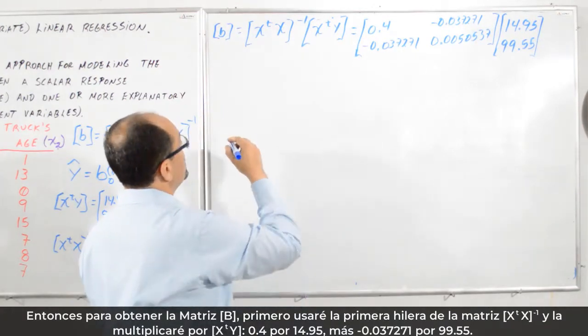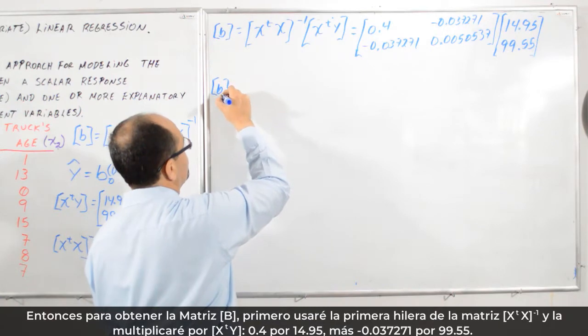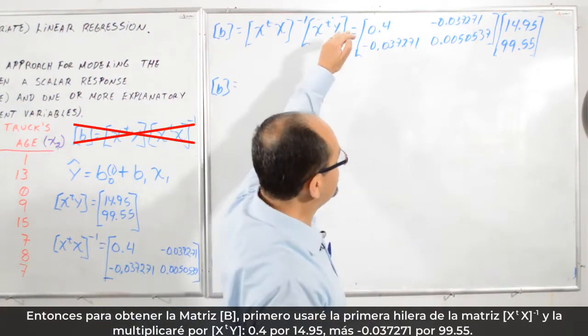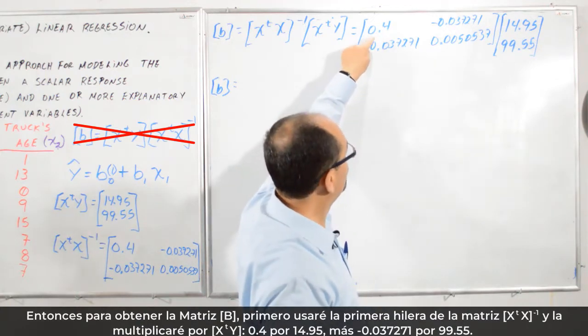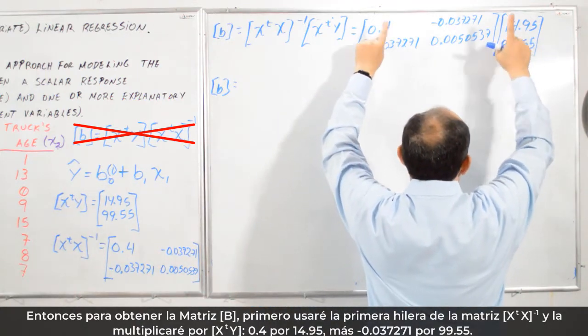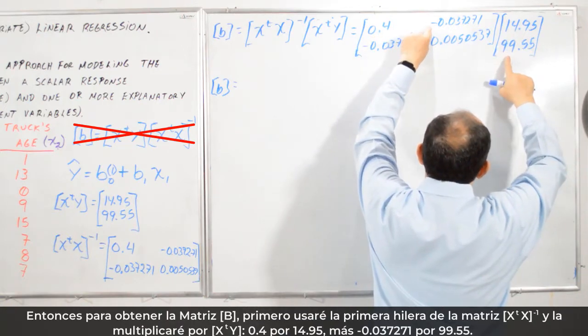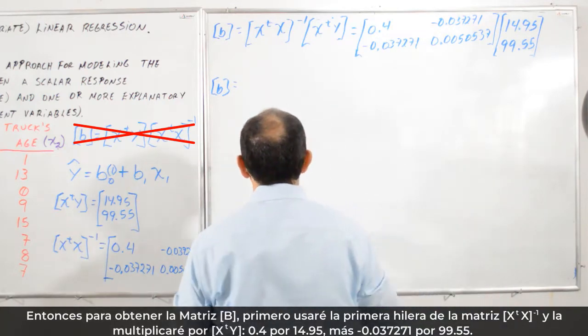Then it will be matrix V. The first row and the first column, 0.4 times 14.95 plus minus 0.37 times 99.5.